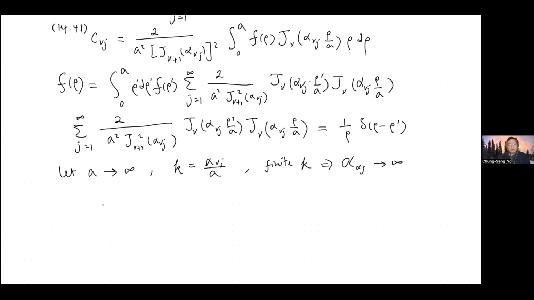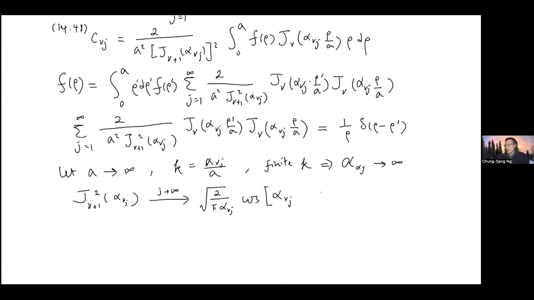So we look up the formula for the leading term for J sub nu plus 1 squared alpha sub nu j when alpha goes to infinity, or j goes to infinity, alpha also goes to infinity, obviously. That goes to 2 over pi alpha sub nu j, and then cosine of alpha sub nu j.